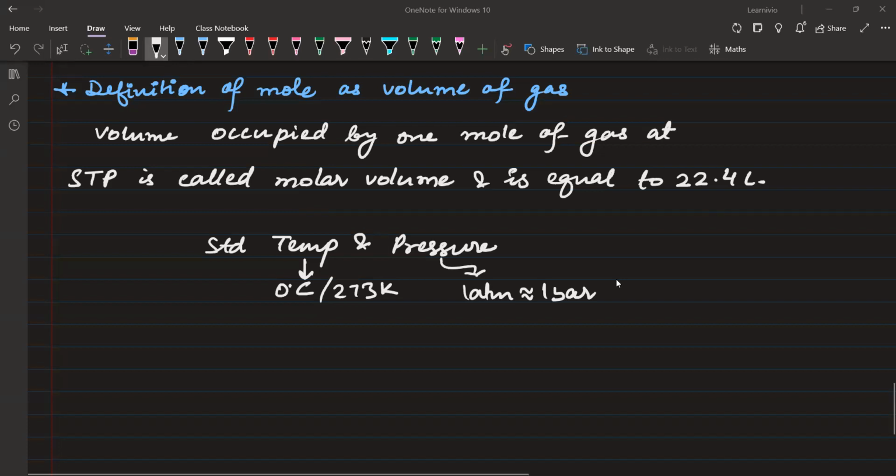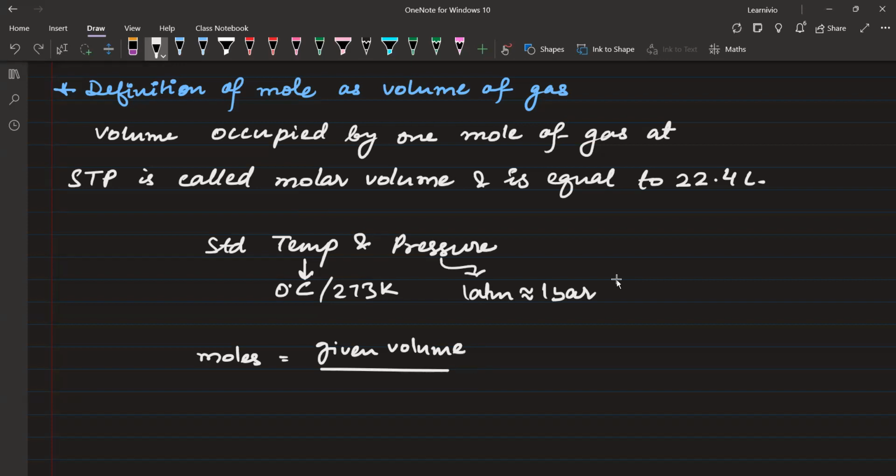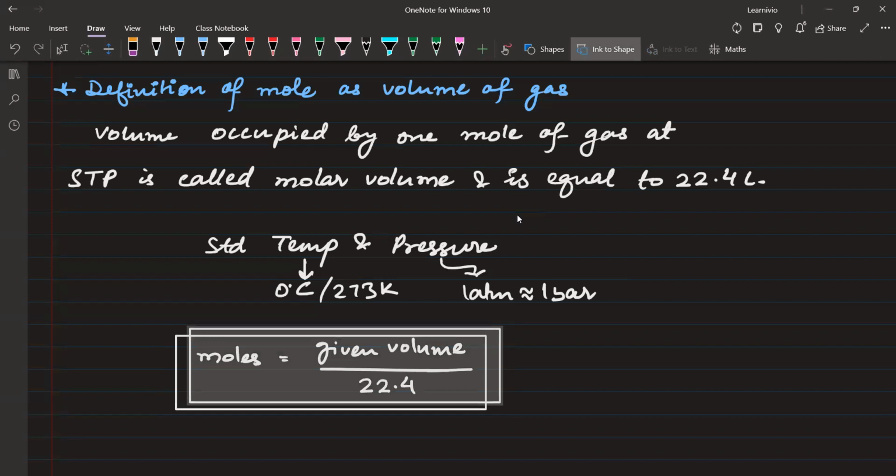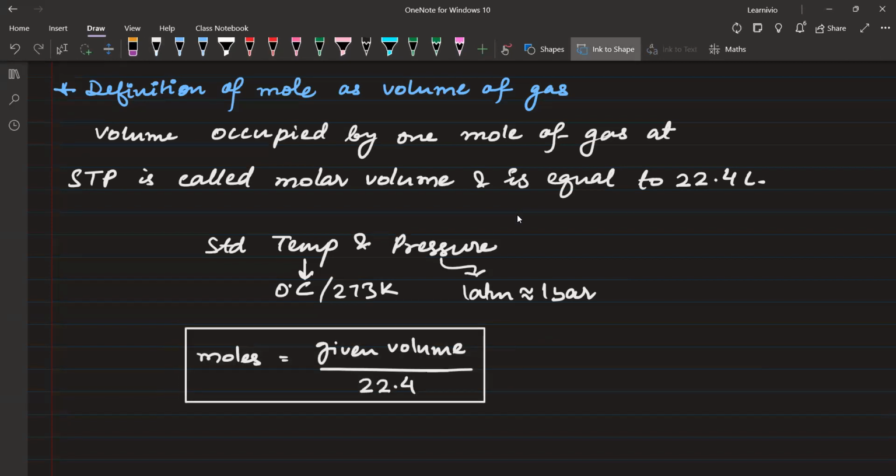So from here also we can calculate moles as given volume divided by the volume of 1 mole, which is 22.4. This will also give you moles. Given volume by 22.4.